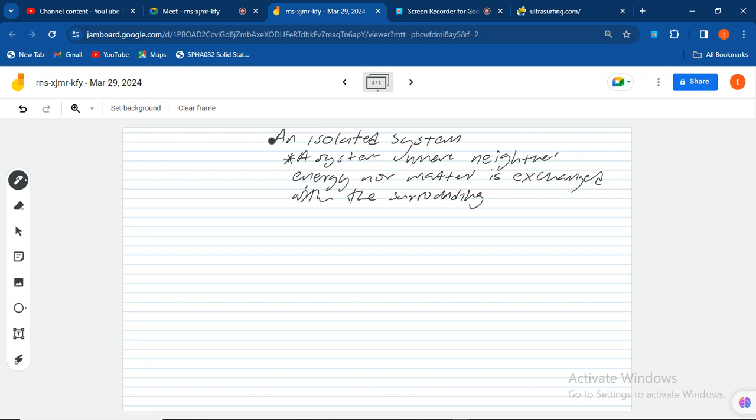Then now I want to give the real life examples for these systems. For an open system, it is going to be a cup of tea.